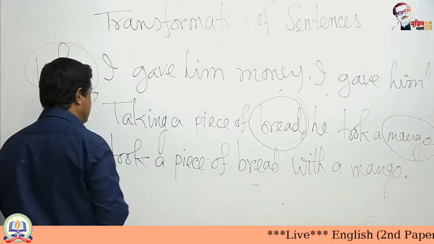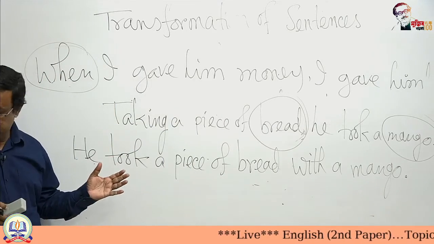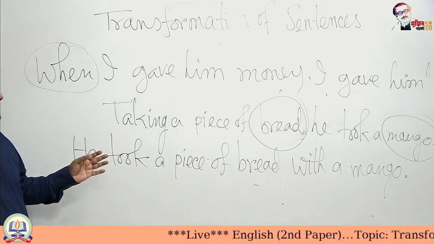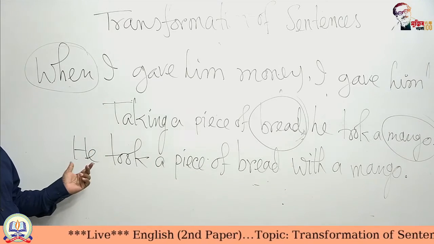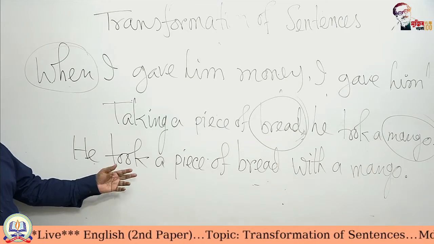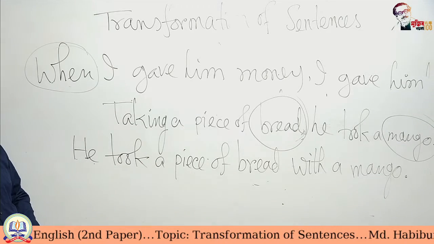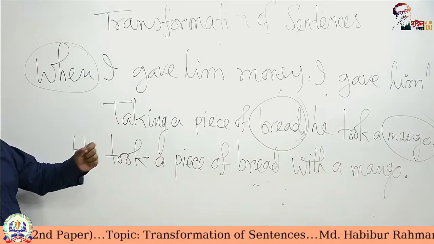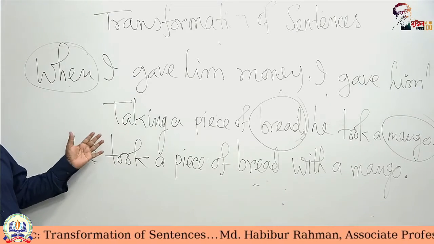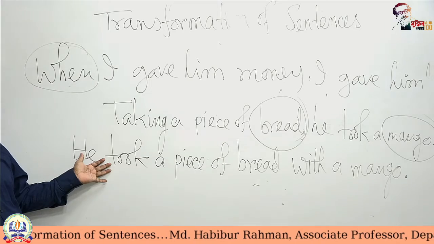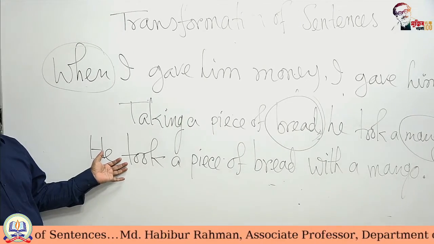I think you are clear. I have kept the first finite verb intact. He took a piece of bread, and how did he take? With a mango. So this is clear. In this way, this sentence has been changed into a simple sentence.